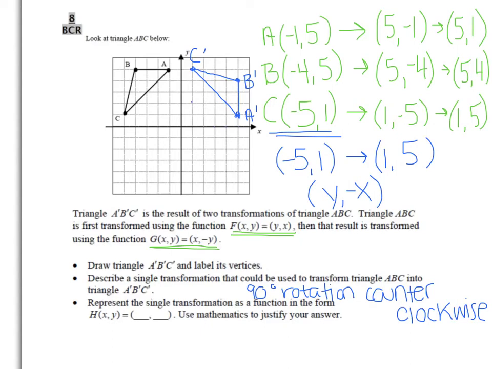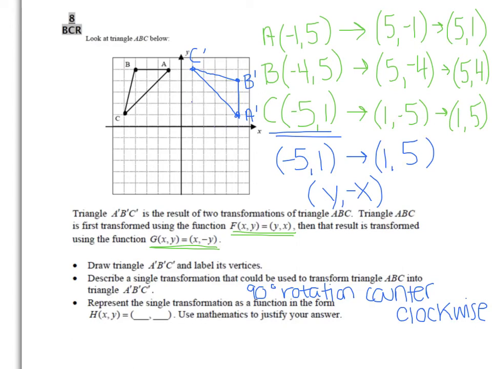So, to clarify yesterday's lesson with the rotations, when you rotate 90 degrees in either direction, you're switching the x and the y. And if you're rotating in a clockwise direction, the original y becomes negative.